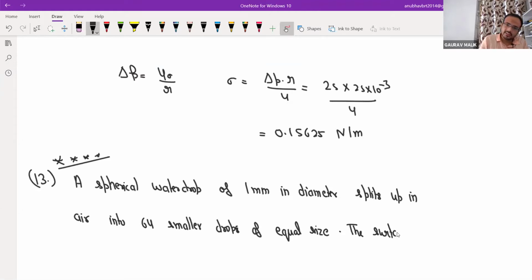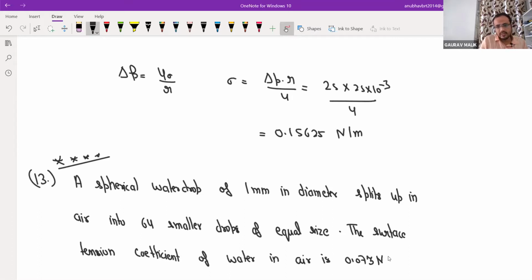The surface tension coefficient of water in air is 0.073 Newton per meter.